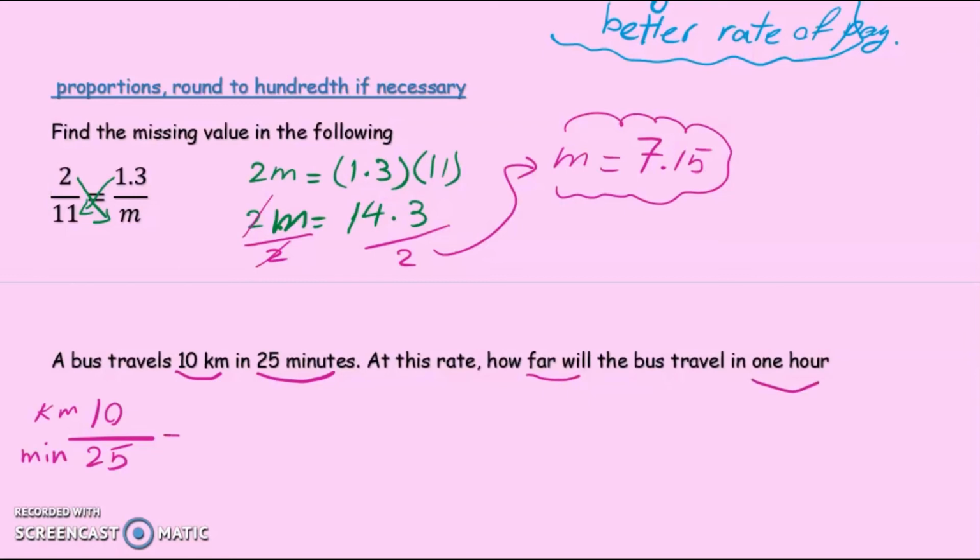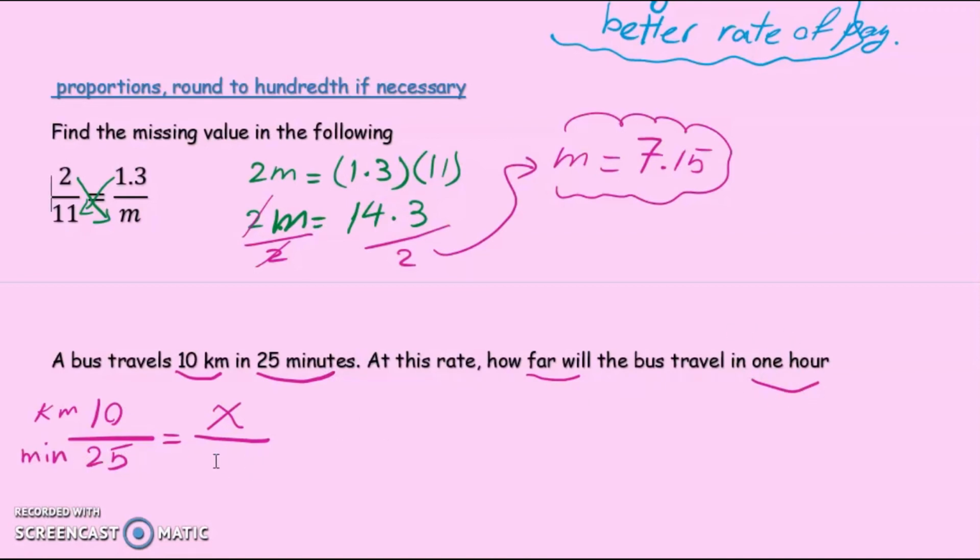So we want to see how far. How far means how many kilometers. How many kilometers? We don't know. Label it as x. In what? In 1 hour. Our unit is minutes. How many minutes is 1 hour? Do you agree that's 60 minutes?